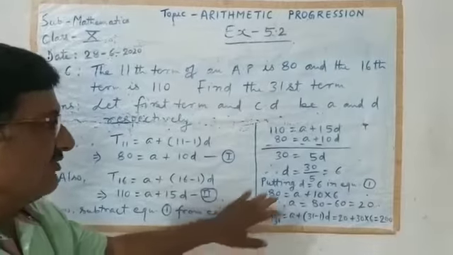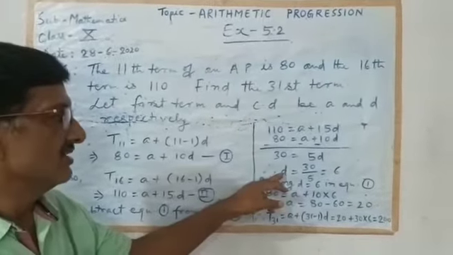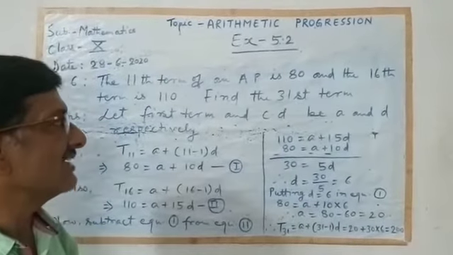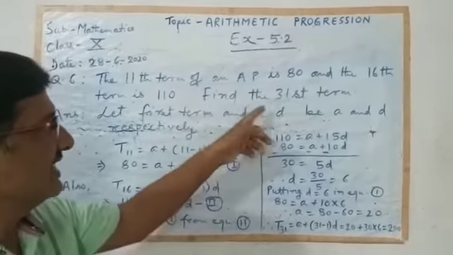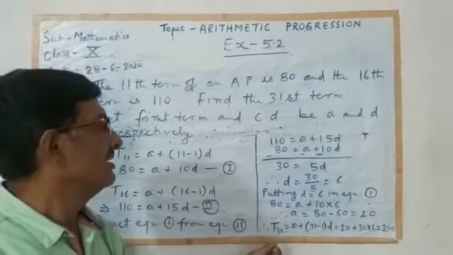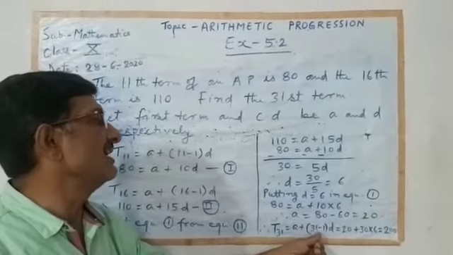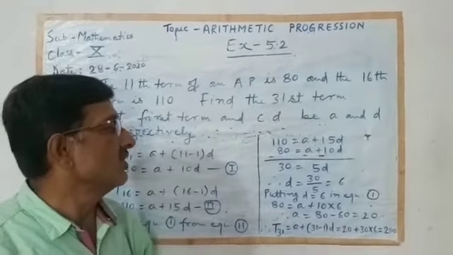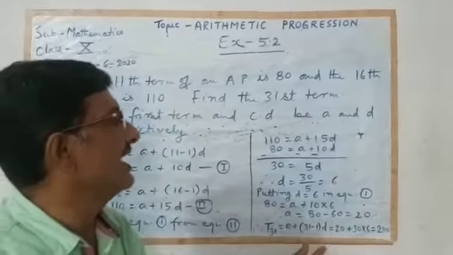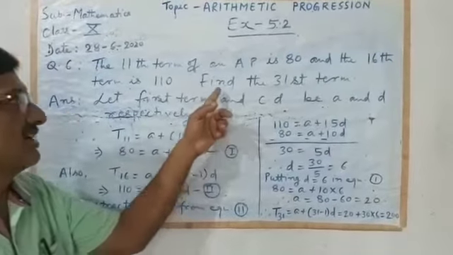So till now we have calculated the first term and the common difference. When the first term and common difference are given, we can calculate any term. So here we have to find the 31st term. The formula for the 31st term is A plus 31 minus 1 into D. By putting A equal to 20 and D equal to 6, we are getting 200, which is the required solution of this question.